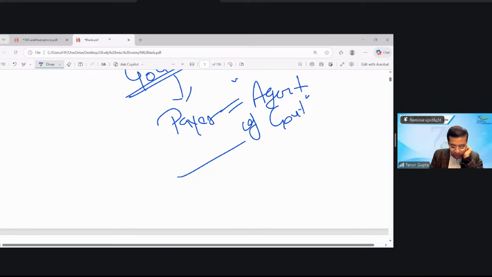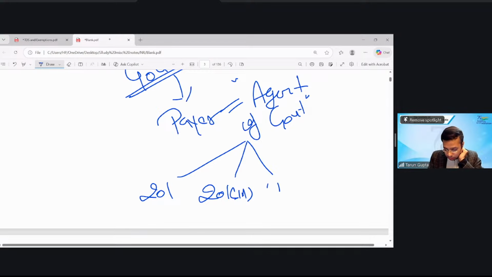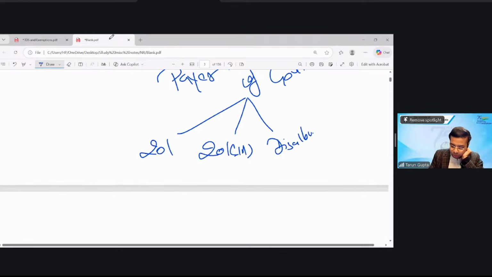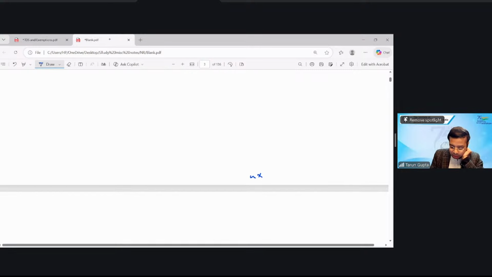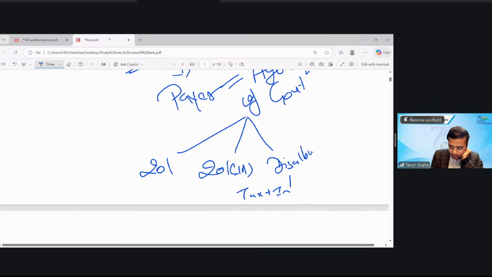I am held to be an assessee in default under section 201. Then interest is levied under section 201(1A). Then the corresponding expense is disallowed, and on this disallowance you charge tax plus interest plus penalty.